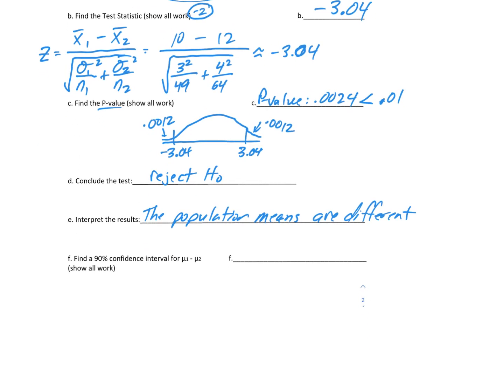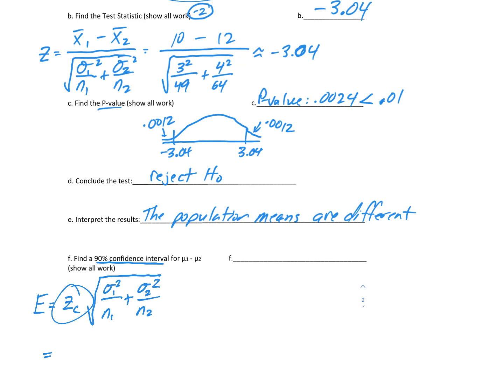And let's finish it off with a 90% confidence interval. Ladies and gentlemen, we still have to find E. In this case, we're going to use a Z sub C, and we're still going to use that crazy formula, sigma 1 squared over N1, sigma 2 squared over N2. Please remember that this Z of C is your memorization.